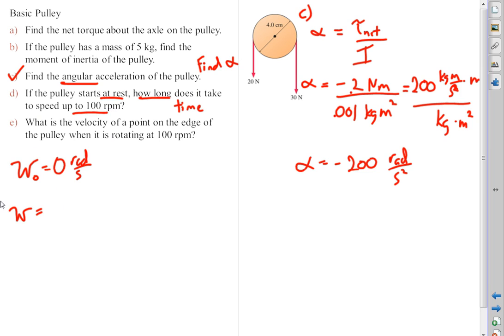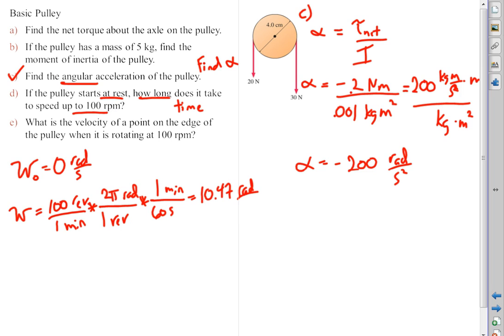Our final angular velocity is 100 revolutions per minute, but we don't like those units for angular velocity, so we convert to radians per second. Turning revolutions to radians and minutes to seconds, we end up with 10.47 radians per second. So now we have an alpha, an omega, and an omega naught.